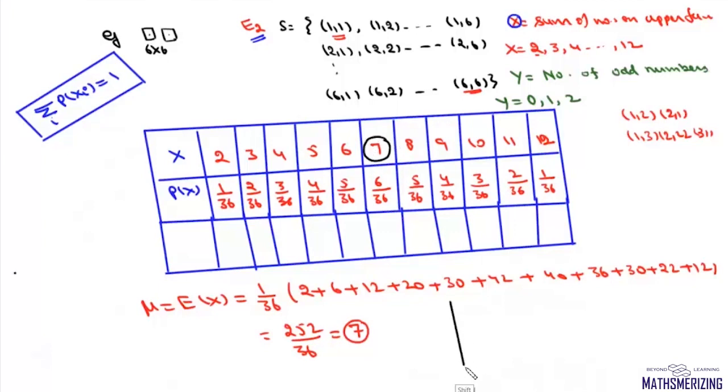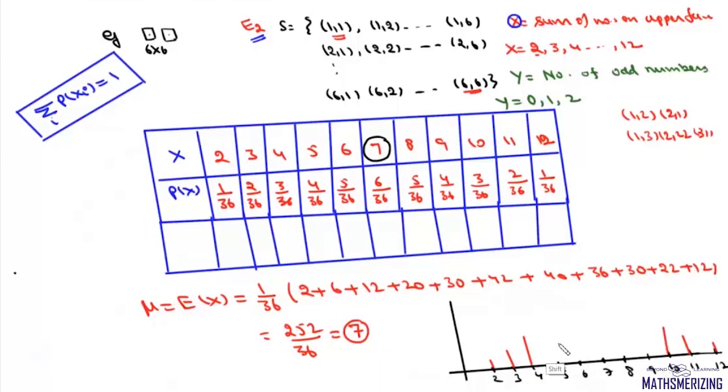Now if we draw this probability distribution, it has values 2, 3, 4, 5, 6, 7, 8, 9, 10, 11 and 12. Value at 2 is 1 by 36 and 12 is 1 by 36. 3 is 2 by 36. 11 is 2 by 36. 4 is 3 by 36.